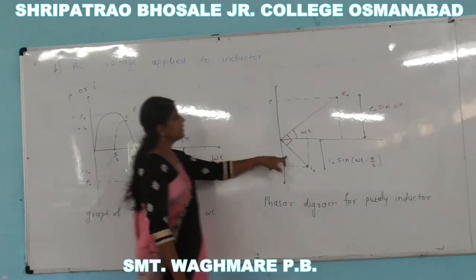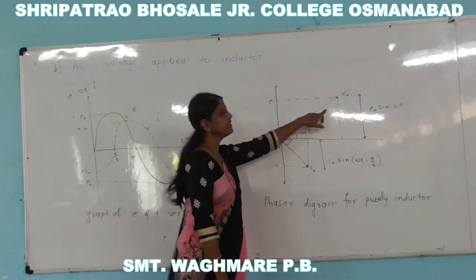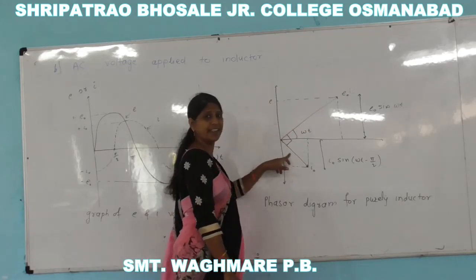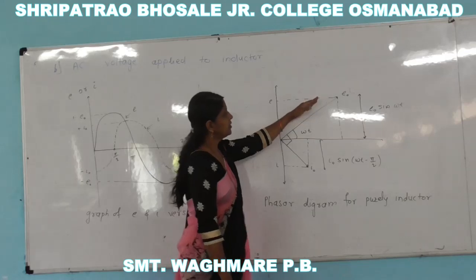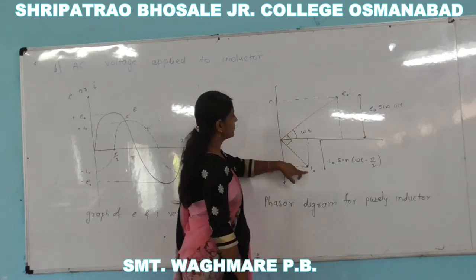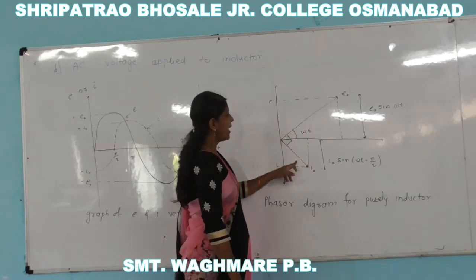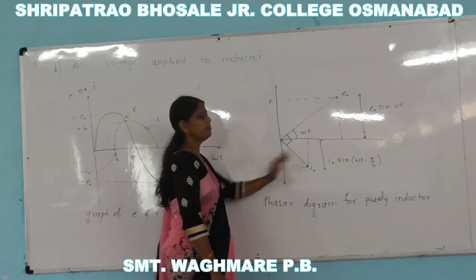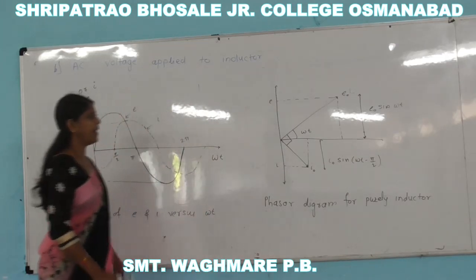And here the current lags behind the EMF. This is EMF which is ahead of I, and this I lags behind the EMF E by an angle of pi by 2.